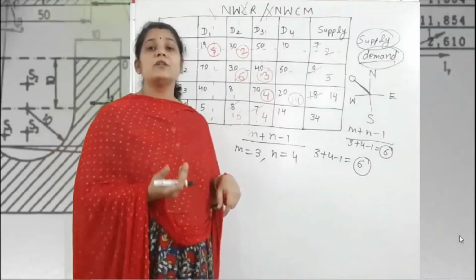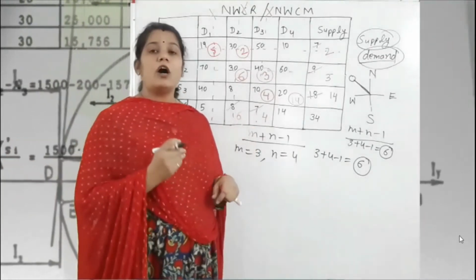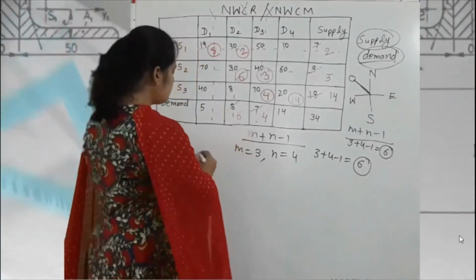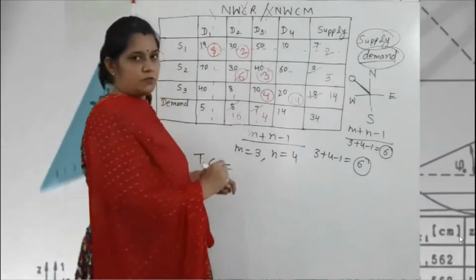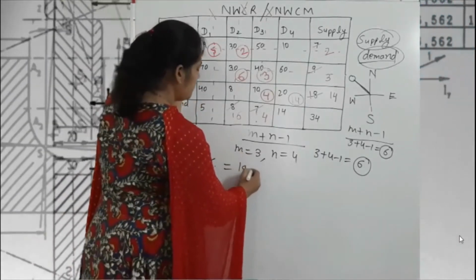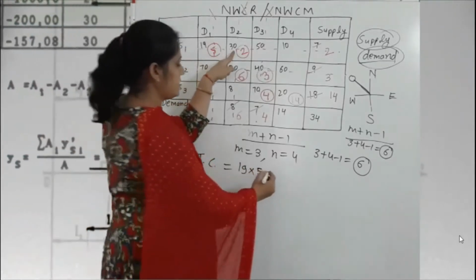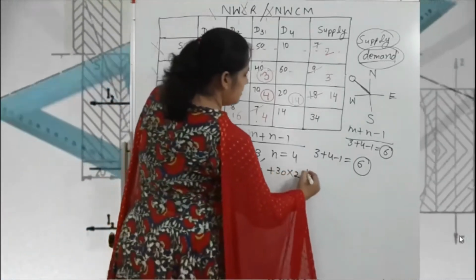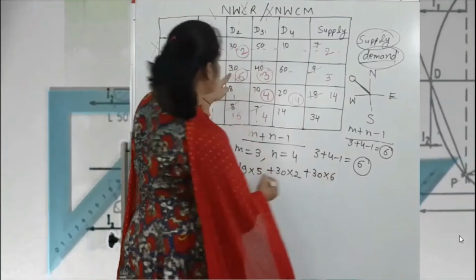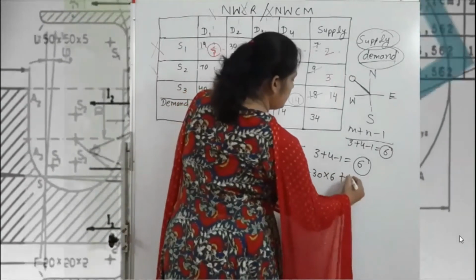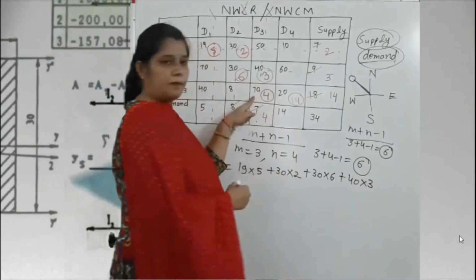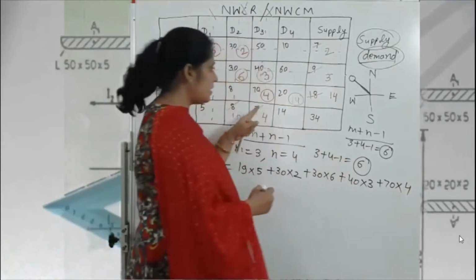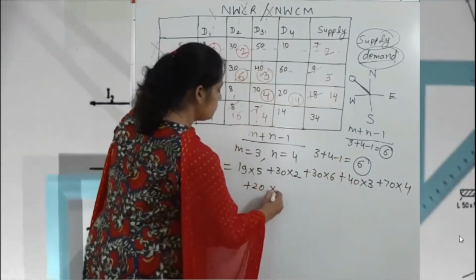Next we find our solution, that means the total cost. In transportation, we always minimize the transportation cost. Obviously. So our total cost is equal to 90 into 5 plus 30 into 2 plus 30 into 6 plus 40 into 3 plus 70 into 4 plus 20 into 40.